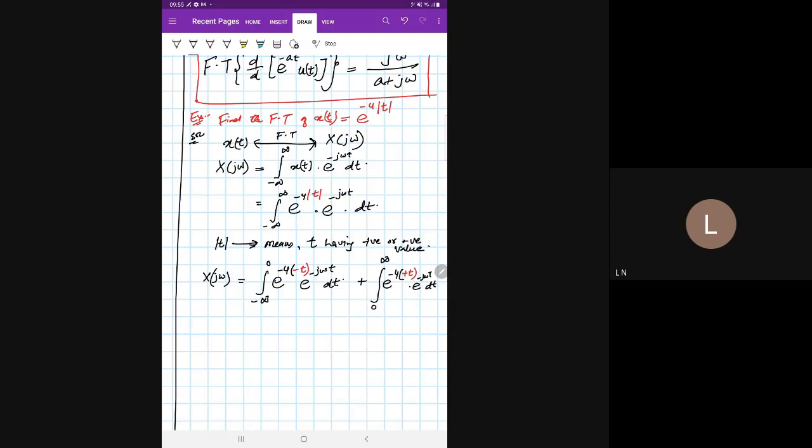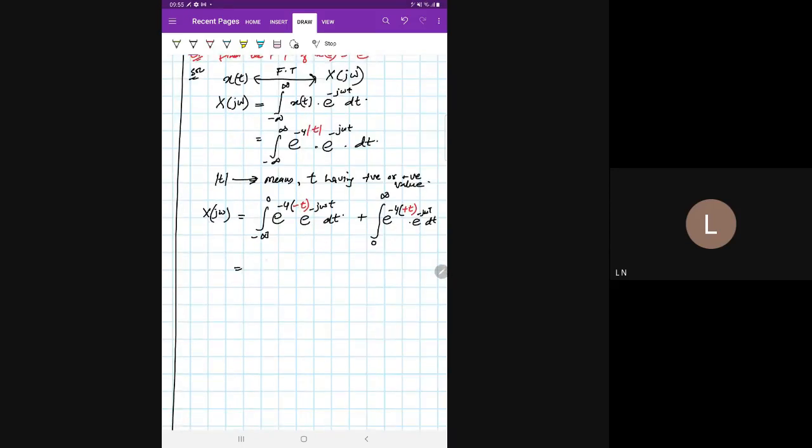So this will be equal to the integral from minus infinity to 0 of e raised to power 4t, e raised to power minus j omega t dt, plus the integral from 0 to infinity of e raised to power minus 4t into e raised to power minus j omega t dt.